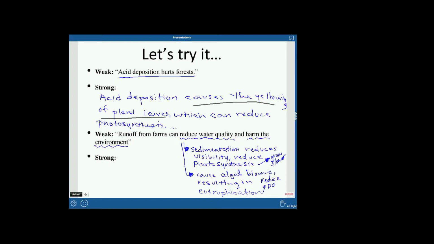So if we wanted to change this, we could say runoff from farms causes algal blooms, resulting in eutrophication, which then reduces the dissolved oxygen, making it difficult for plants to live.